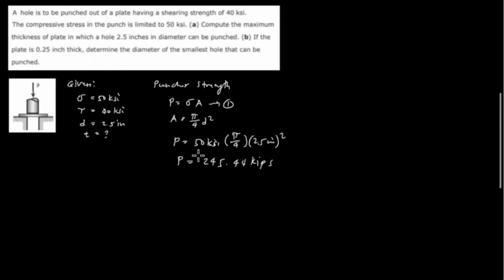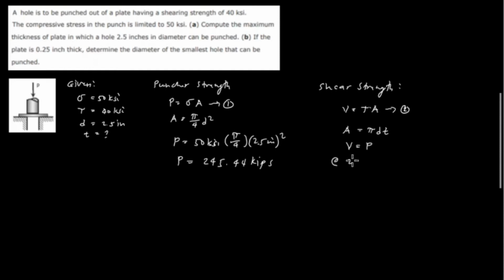And once we got the value for P, next for the shear strength, the formula V is equal to tau multiplied by A, which is equation number 2, where A, for the shear strength, is equivalent to the circumference multiplied by the thickness, or pi d times t, and V equates to the punching force, which is equivalent to P. Substitute at equation 2.